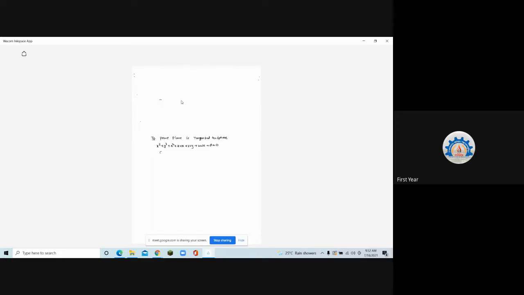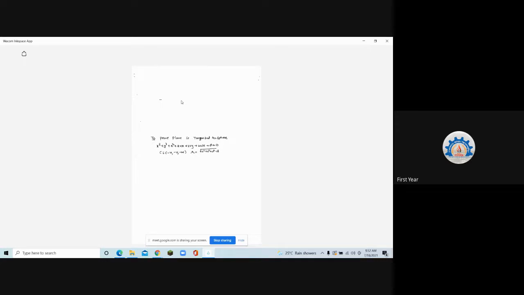From this, the center is (minus u, minus v, minus w), and the radius is root of u square plus v square plus w square minus d. So that was the basic thing that we did yesterday.